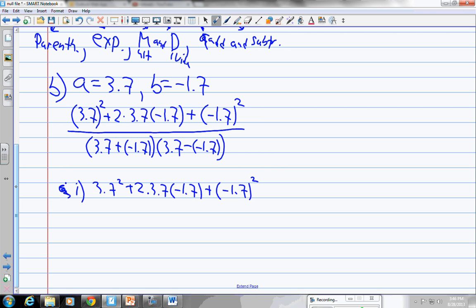So if we do that, is anyone already doing their long multiplication thing here?